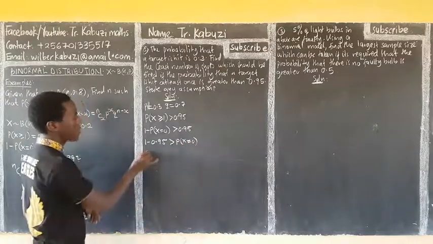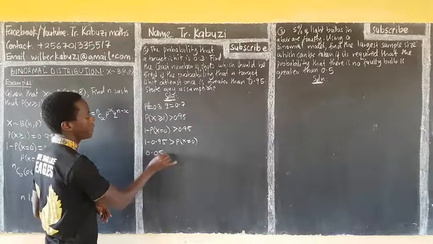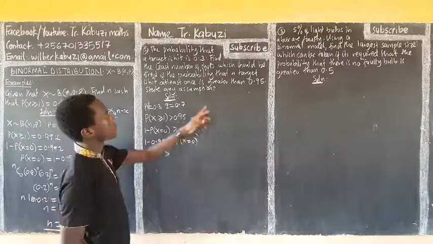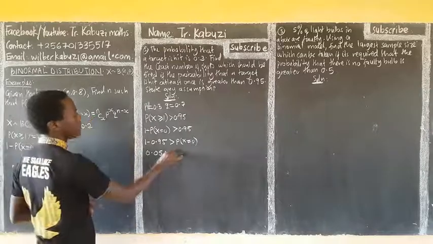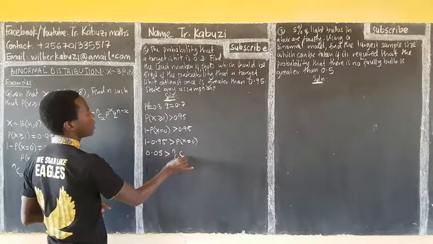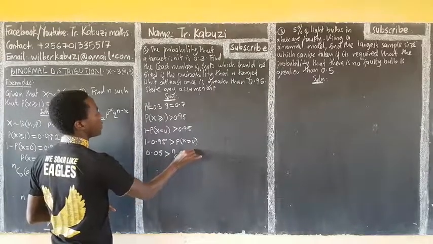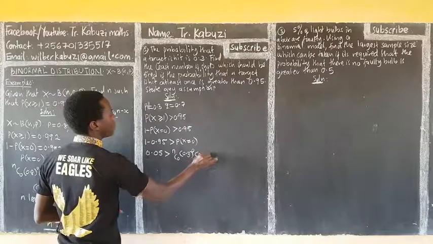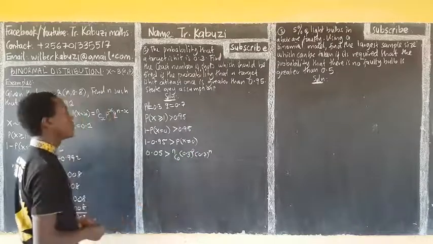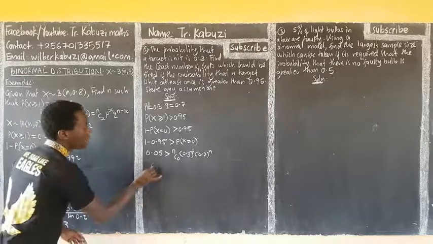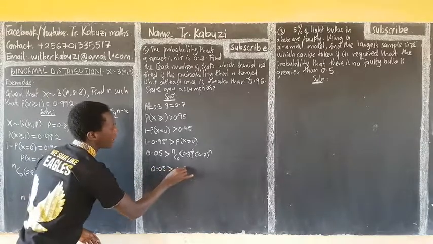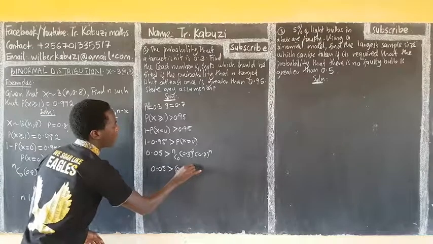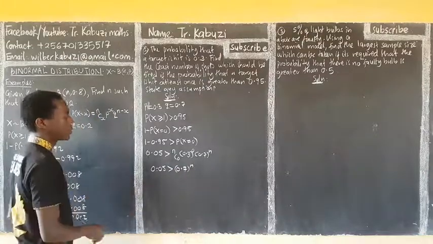So this is going to give us 0.05 greater than. Now I'll put in our formula here: n combination 0, 0.3 power 0, and 0.7 power n minus 0, which will be that. So this side will have 0.05 greater than 0.7 power n. Introduce natural log on both sides.